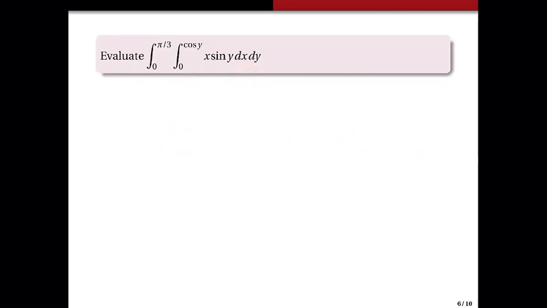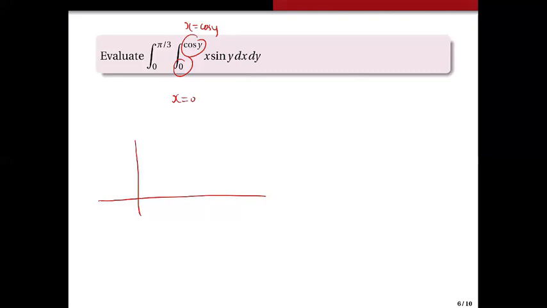This means the inner limits are x equals 0 and x equals cosine y. In the domain of integration, you have x from 0 to cosine y.